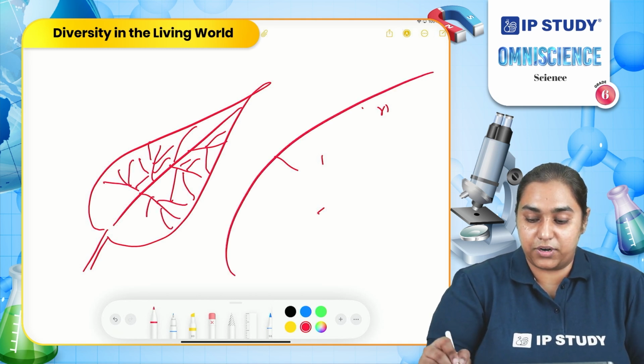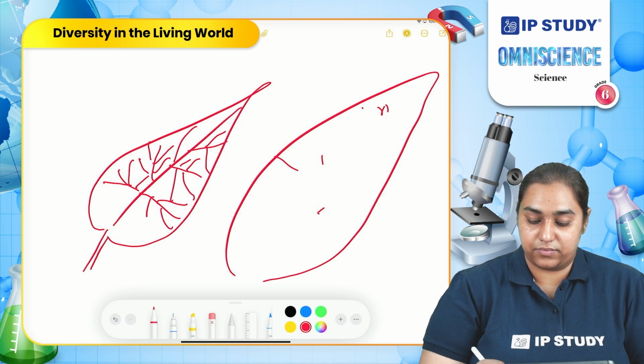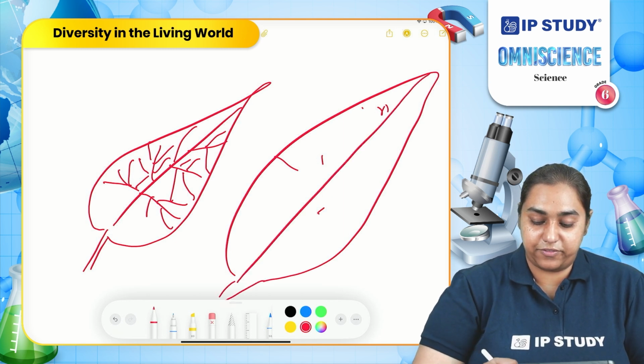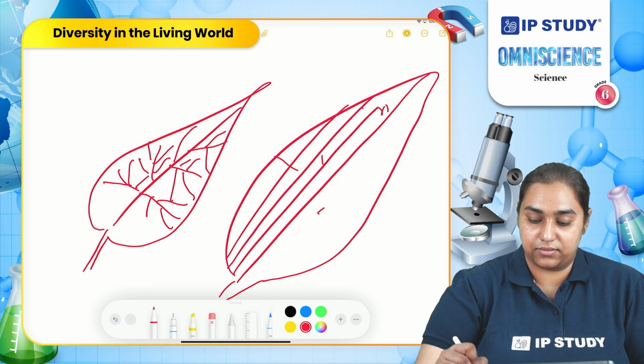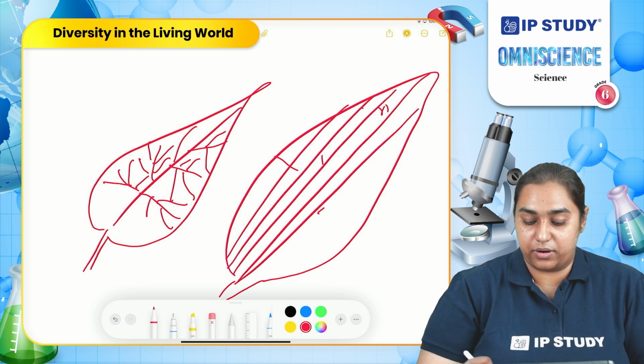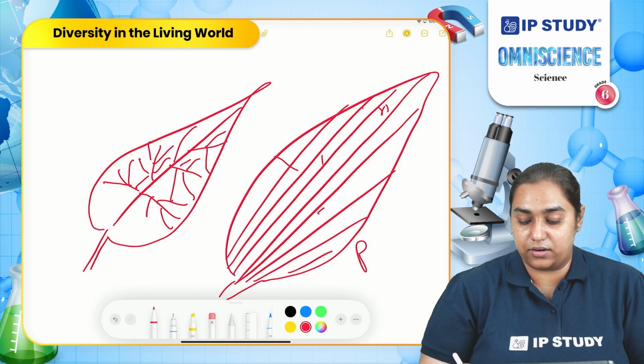If in a similar leaf, this is midrib, and when venation is parallel like this, parallel to the midrib, then this kind of venation is known as parallel venation.